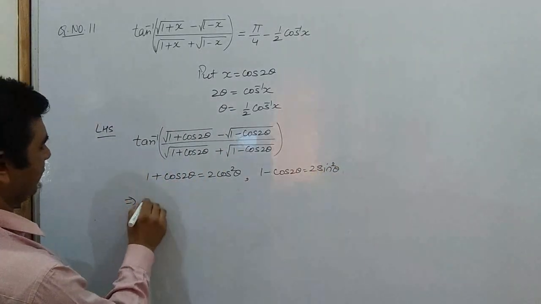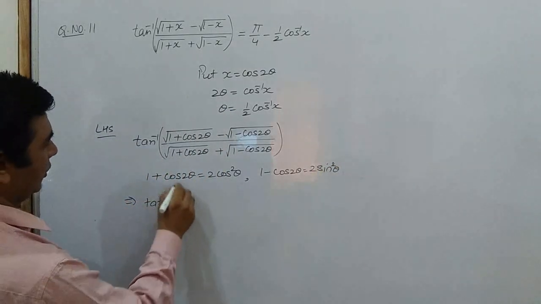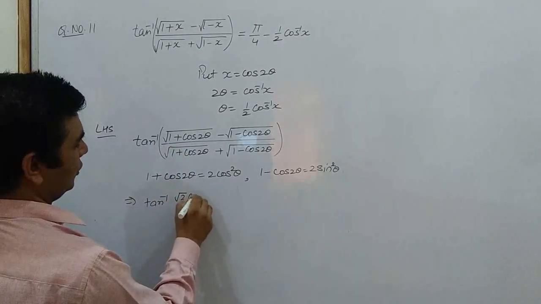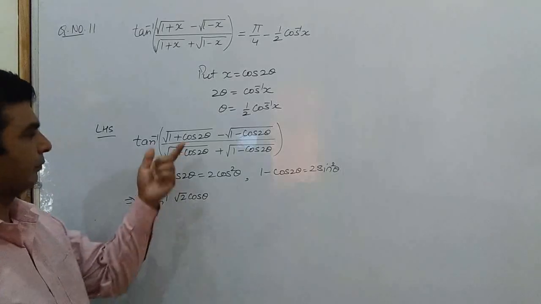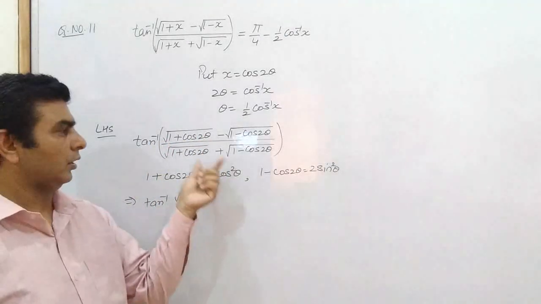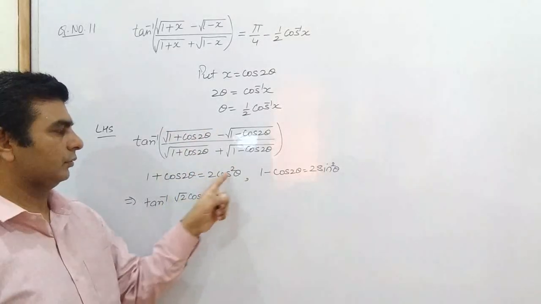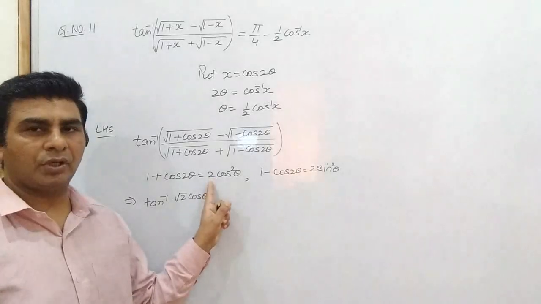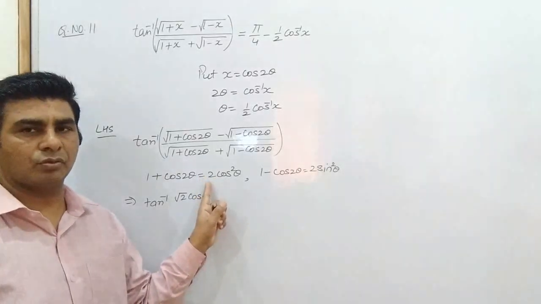So using these identities, this is root 2 cos theta. मैंने डायरेक्टली लिख दिया है क्योंकि अगर 1 प्लस cos 2 थीटा की जगह आप 2 cos स्क्वायर थीटा यूज करेंगे तो because square root is there, cos का स्क्वायर है, स्क्वायर से स्क्वायर रूट कैंसिल, बट 2 के ऊपर स्क्वायर नहीं है तो this will be remaining as root 2.